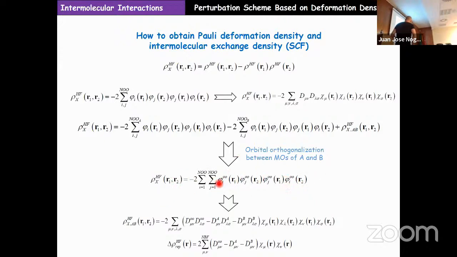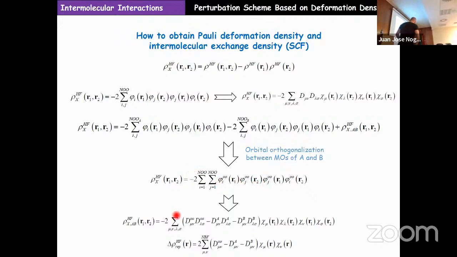Well, this orthogonalization process solves two problems. First, how to obtain the intermolecular exchange density, and also how to obtain the one electron deformation density. Because these orthogonalized orbitals already account for the Pauli repulsion effect.